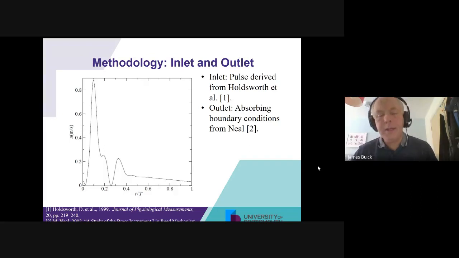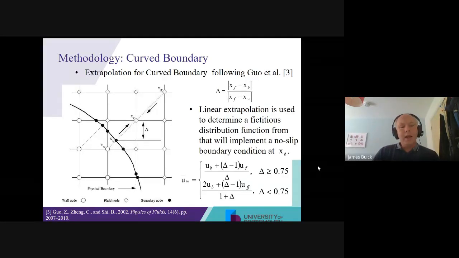In terms of the artery walls, we used this model by Go. I'll not go into the full details of it, but it removes the sort of step-like boundary function that you get if you just simply use the underlying lattice.